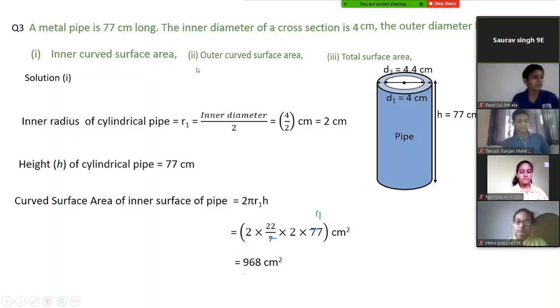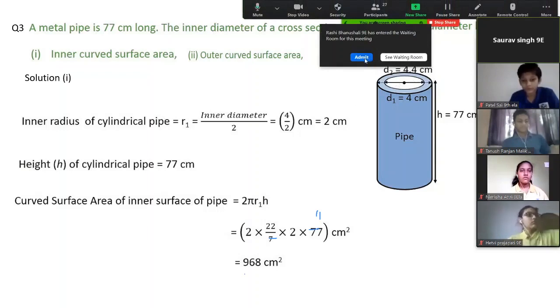What we have to find? Outer curved surface area. So what you have to do? You have to take the outer cylinder, take the outer diameter and calculate the radius. What is the outer diameter? 4.4.